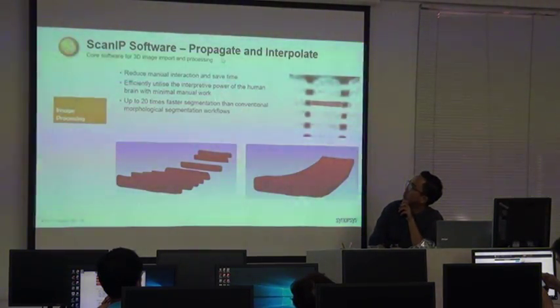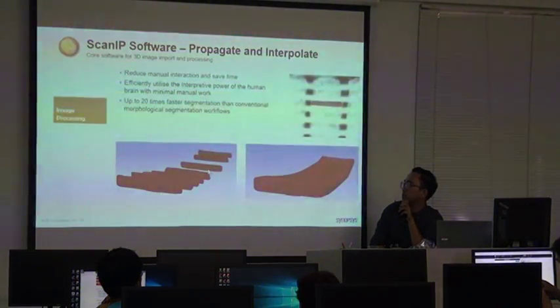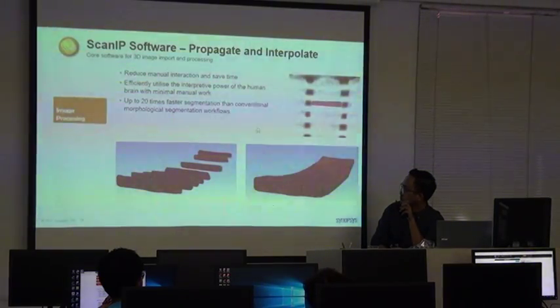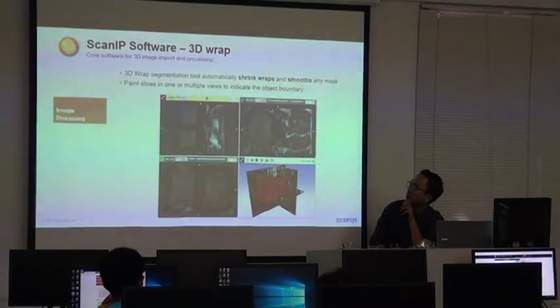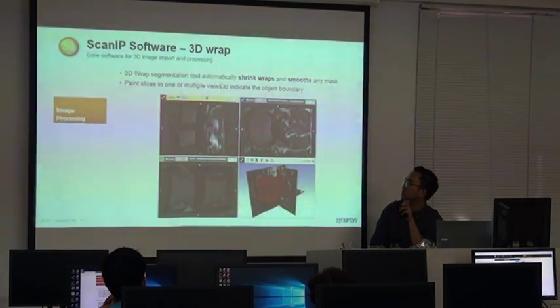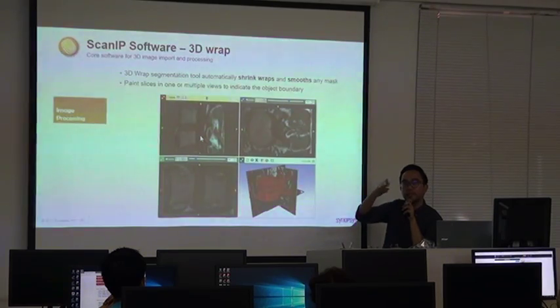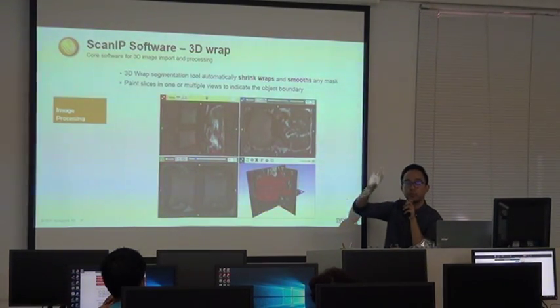So what we do, we use the propagate and interpolate tool, which means that we need to paint on a few slices and then use the automatic tool to interpolate it and create the 3D model. And then we also have a 3D wrap tool. It's the same concept as the previous tool, but this one we paint in 3 directions and then it will wrap and generate the 3D model.